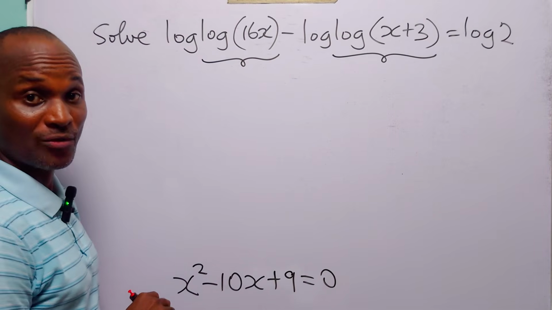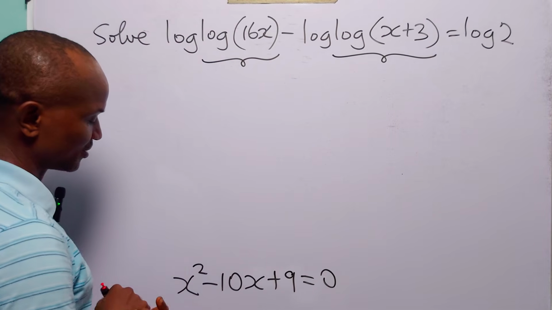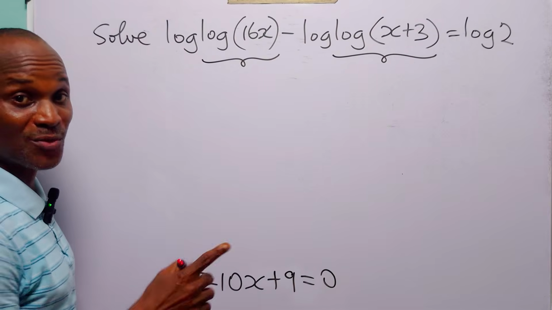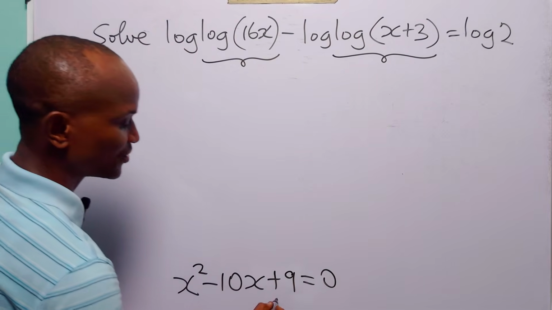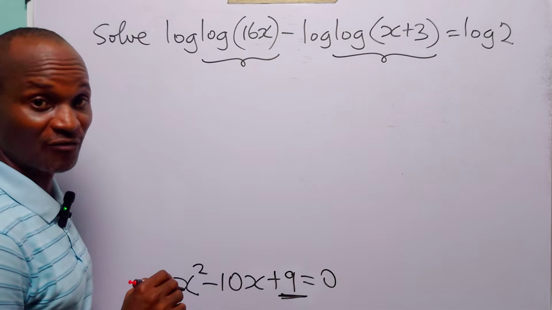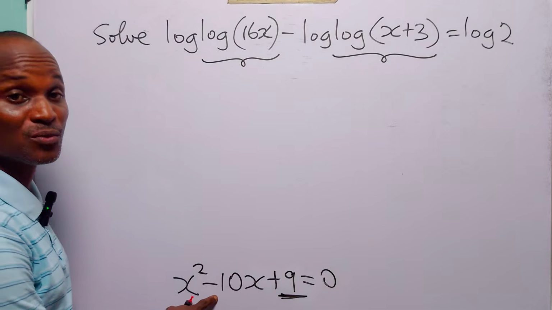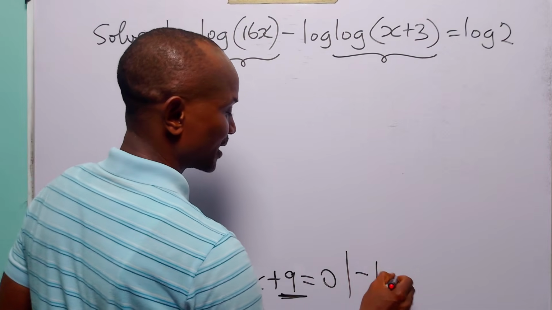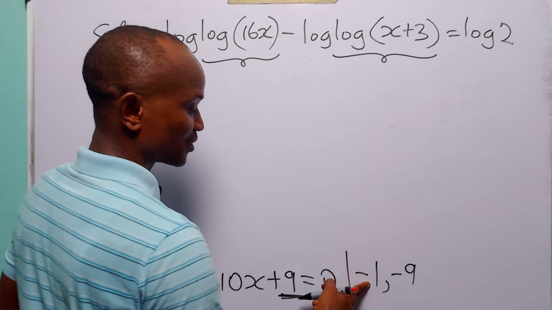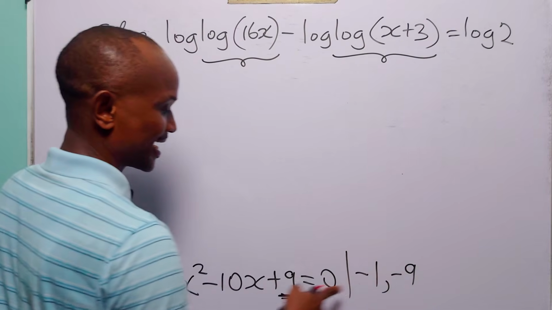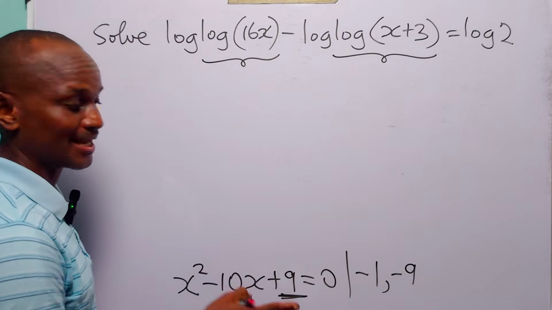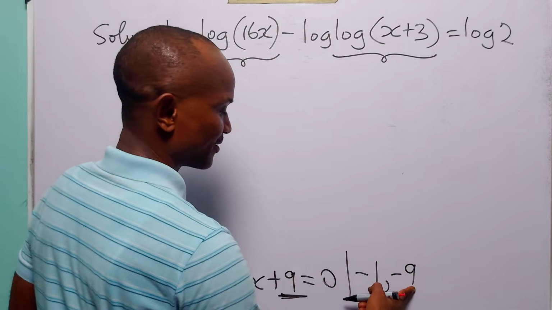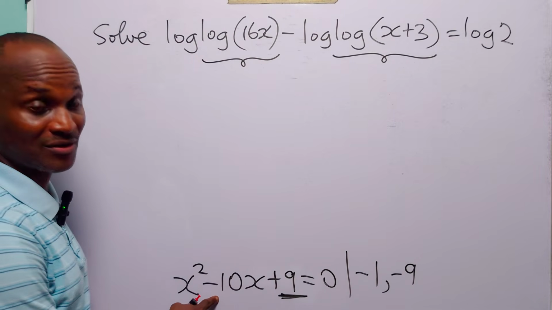We can solve this quadratic equation by factorization. Since the coefficient of x squared is 1, all we need to do is to find the factors of 9 that add up to minus 10. And of course, we have minus 1 and minus 9, because minus 1 times minus 9 is going to give us plus 9, while minus 1 minus 9 is going to give us minus 10.